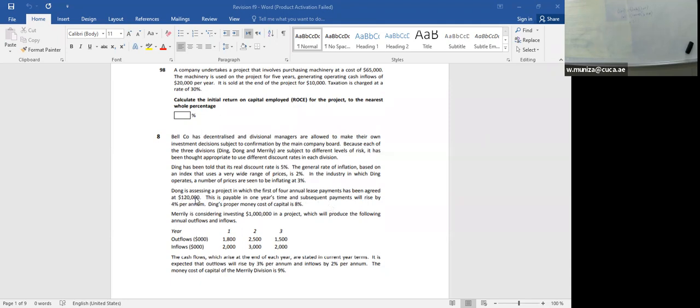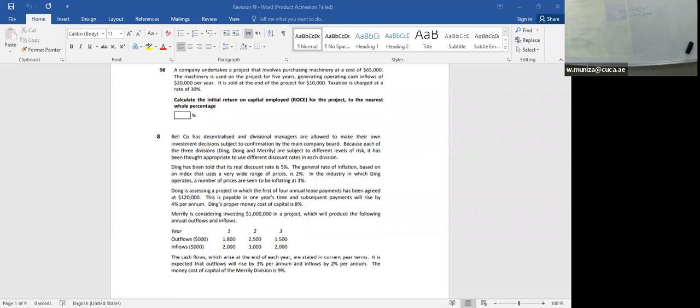They are telling us that this 120,000 is payable in 1 year's time, and subsequent payments will rise by 4% per annum. Now, in the first year, you are going to take only 120,000. In year 2, it will become 120,000 into 1.04, and then subsequently you are going to change it like this. So in the first year, the lease payment will remain 120,000.